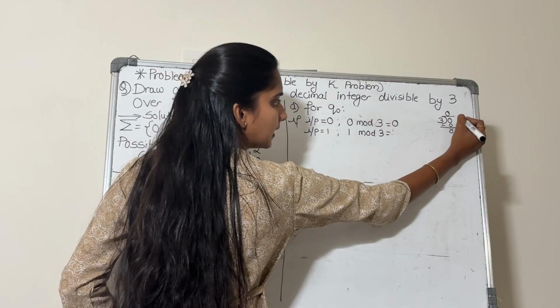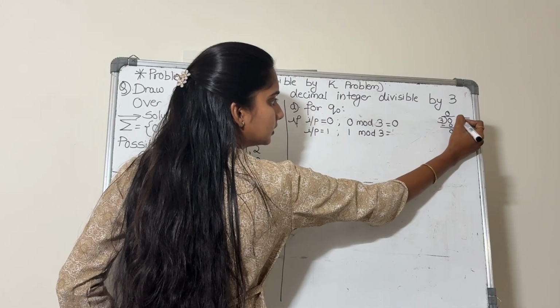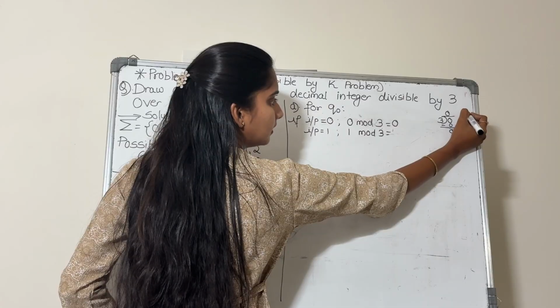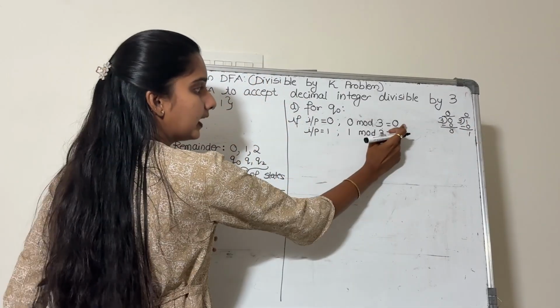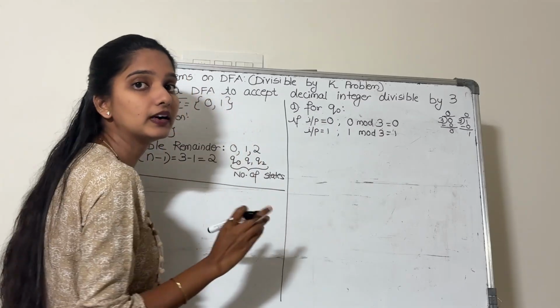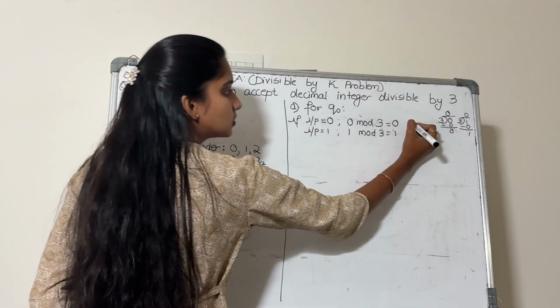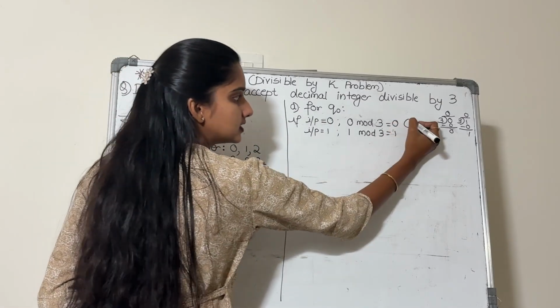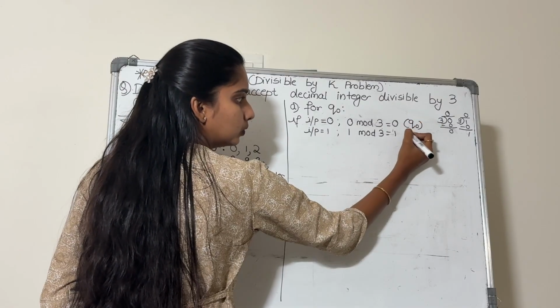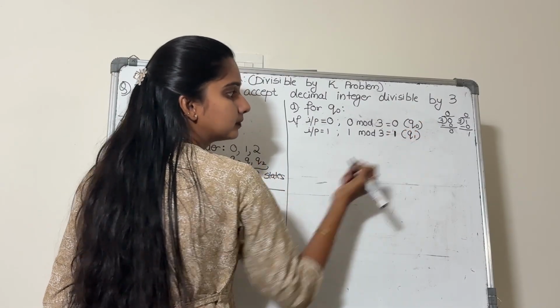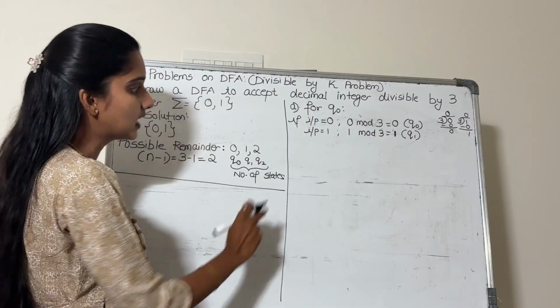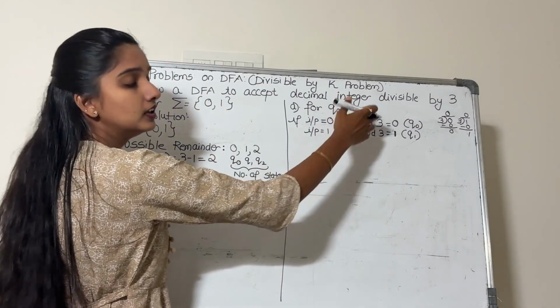Similarly, if I divide 1 by 3, my remainder will be 1. Whatever remainder you are getting is nothing but the state. Since you are getting a remainder of 0, my state will be Q0. Similarly, since you are getting a remainder of 1, my state will be Q1. So this is how you need to find the transition.